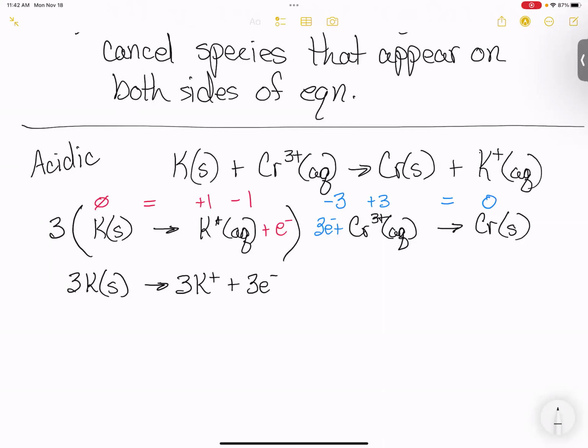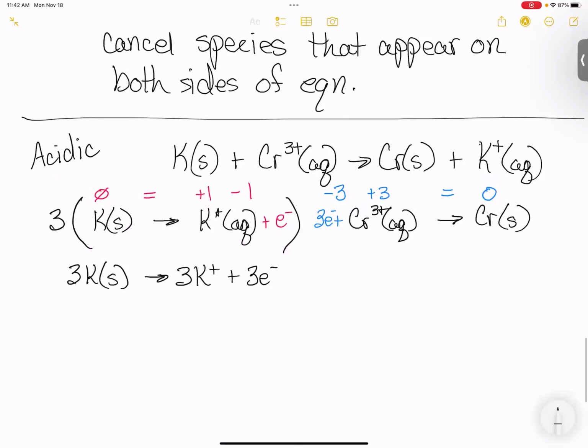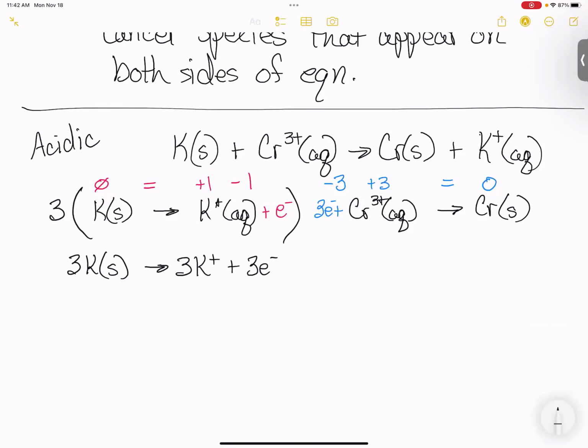Step number 5 says to add the half reactions back together. So on the reactant side, we have 3 potassium of the first equation. Of the second equation, we have 3 electrons, and we have a chromium 3+. On the product side of the left-hand equation, we have 3 potassium ions. We have 3 electrons.